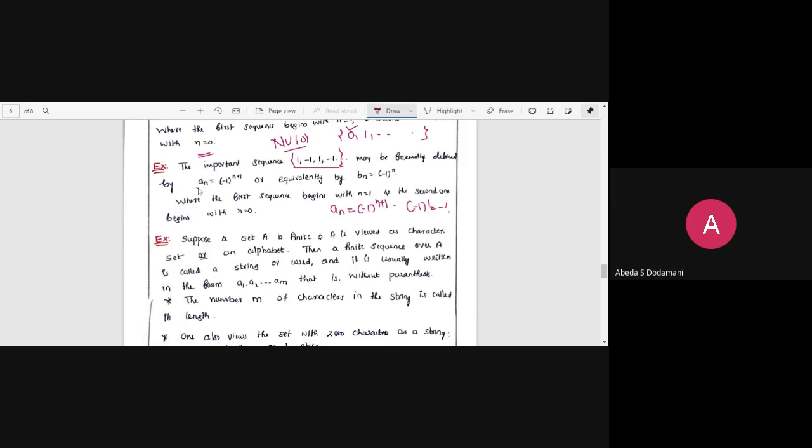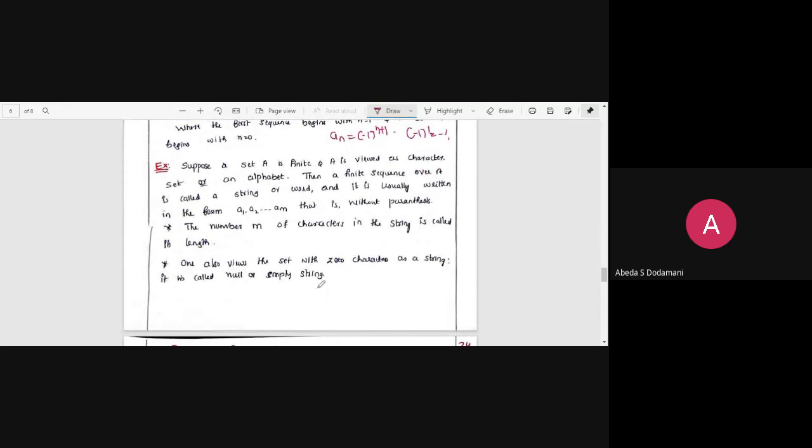You can write it this way, starting with n is equal to 1, or equivalently in this way, starting with n is equal to 0, and you will again get the same sequence. So this is another important sequence, and you can write it generally like this, starting with n equal to 1, or like this, starting with n equal to 0. So this is another example.